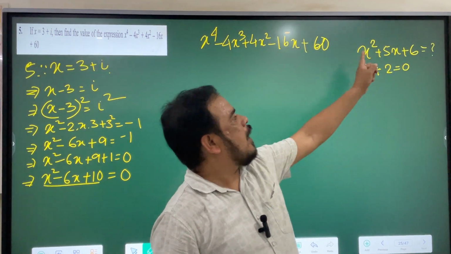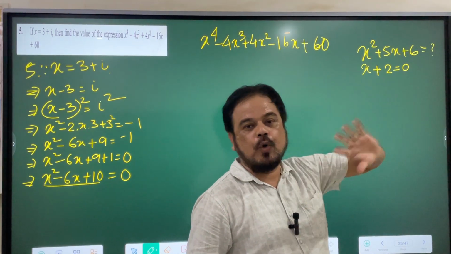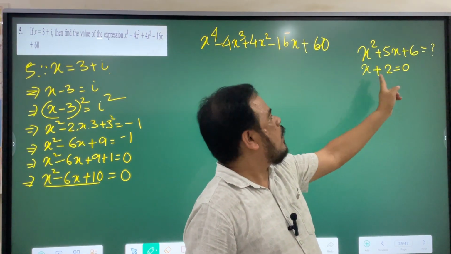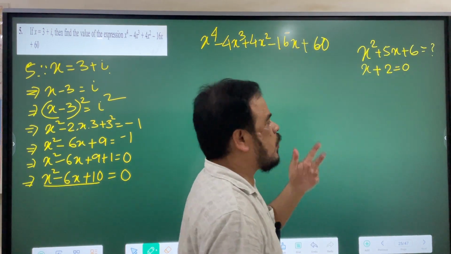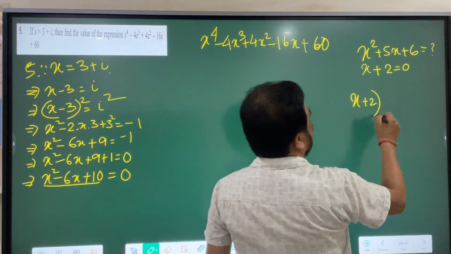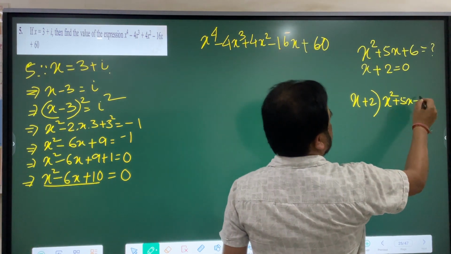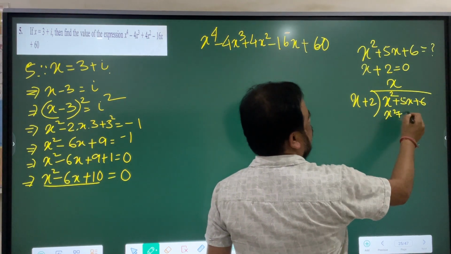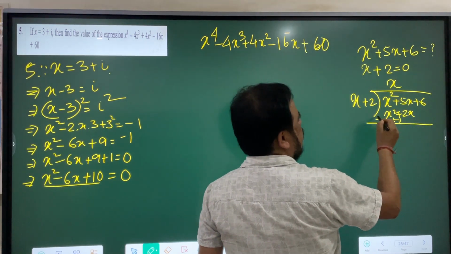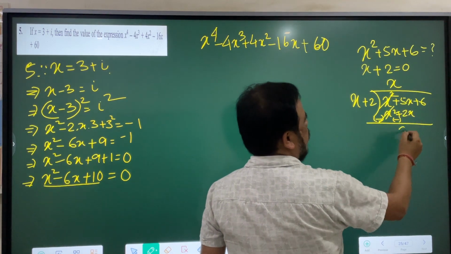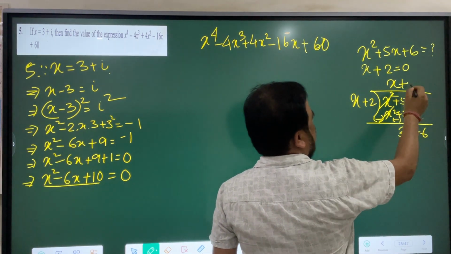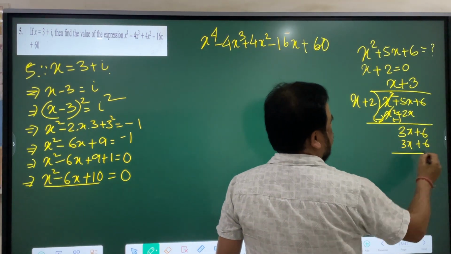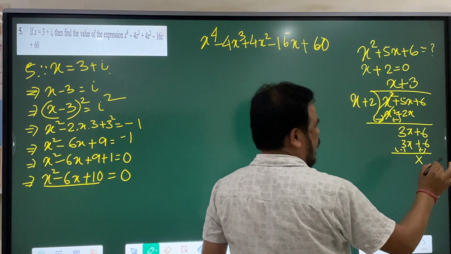Let me repeat. x square plus 5x plus 6 equals how much we don't know. But we know x plus 2 equals 0. Now let us divide this by x plus 2. Let us see. x plus 2 into x square plus 5x plus 6. x into x square, 2 into x, 2x minus, this cancels, 5x minus 2x, 3x plus 6, 3 times x into 3, 3x, 2 into 3, 6 minus, no remainder.